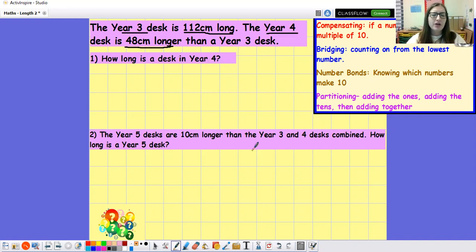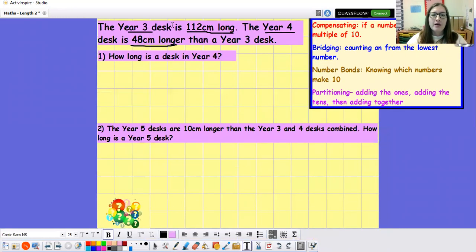So what two numbers are we going to be using? We're going to be using 112 and 48. And if it's longer, bigger, we're going to be adding them together, aren't we? So for this one, instead of using the column method, I'm going to use my partitioning skills, or I might actually use a bit of partitioning and number bonds, because I know if I take my 1s, that 8 add 2 equals 10.